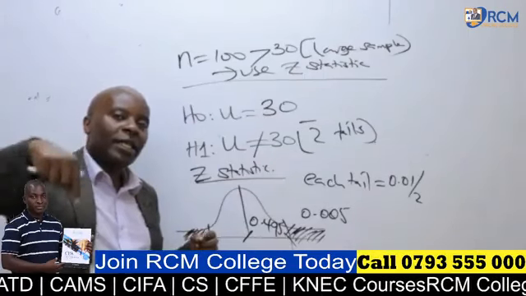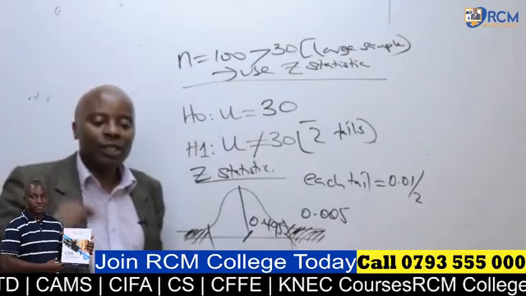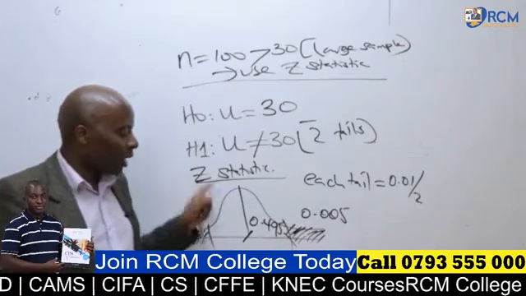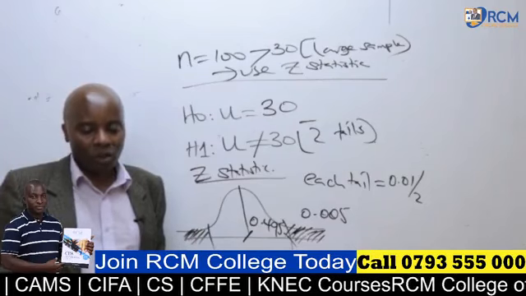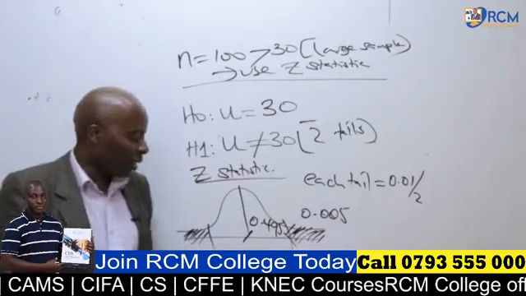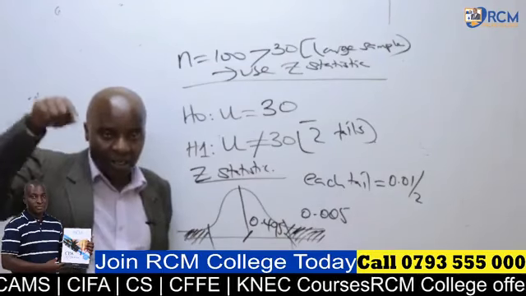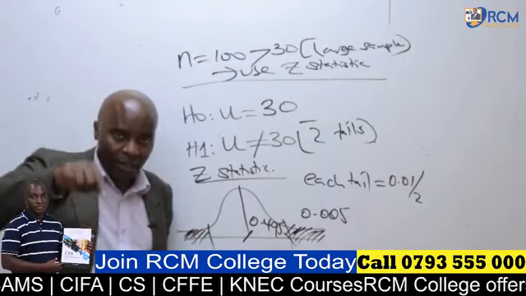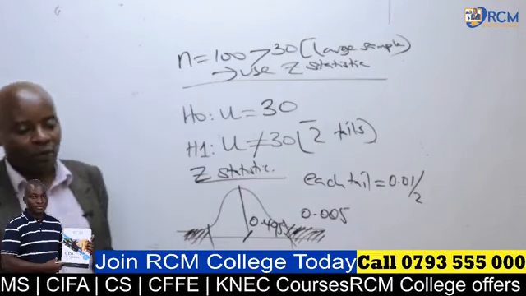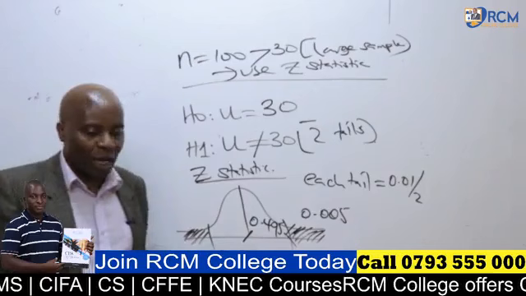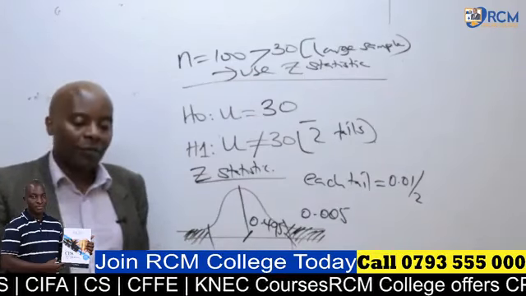Now, once I get this 0.495, I will run very fast, get my Z table, get inside the Z table, and then I use reverse gear to read an equivalent Z score. Because whatever you have here is the entry. We are entering inside the table, and then we read in reverse gear.